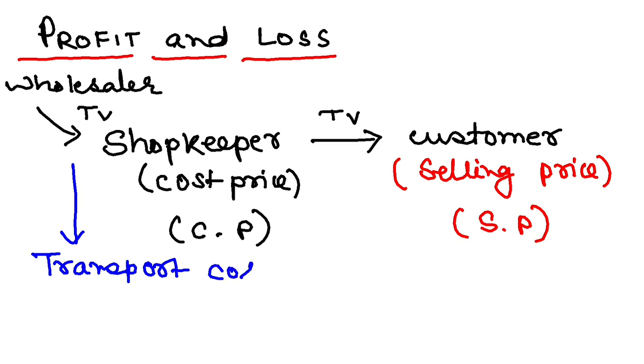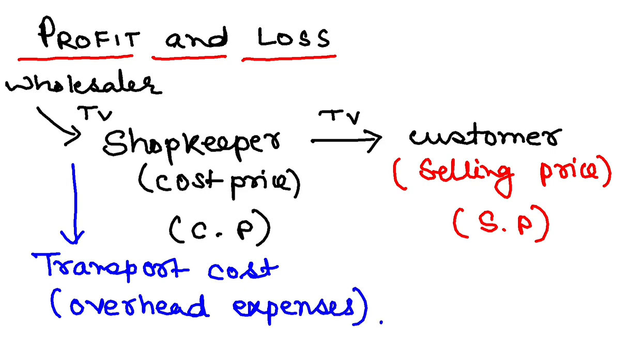This kind of extra cost comes under overhead expenses. Okay, so there are three terms. One is overhead expenses, other is the CP, and then the selling price or SP. So these overhead expenses are included in the CP. Okay, I hope it's clear now.